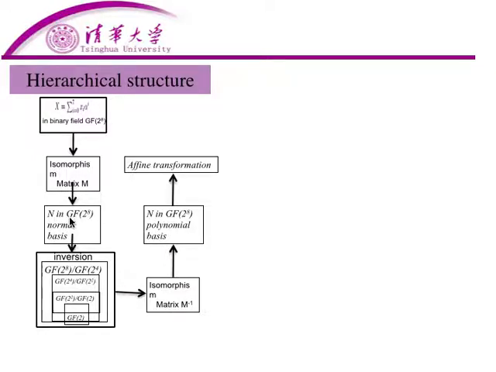Then we use the subfield theory to get the multiplicative inversion in GF(2^8). After that, we can use another isomorphism matrix to transform it back to the form of polynomial basis. Then we apply an affine transformation to the data to get the output.